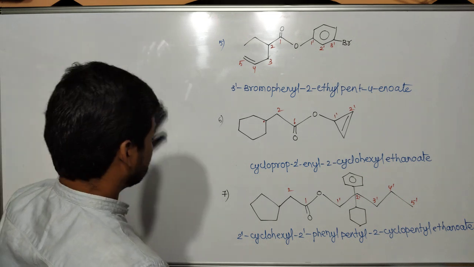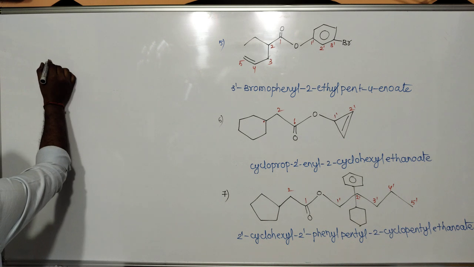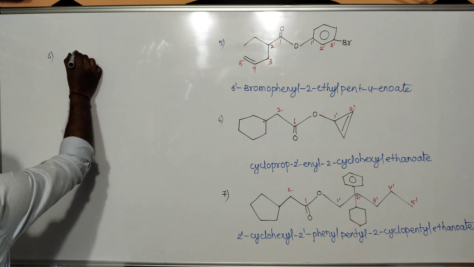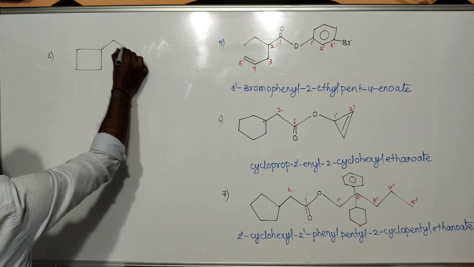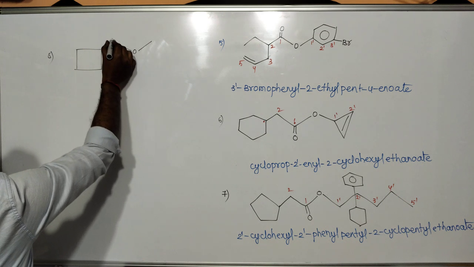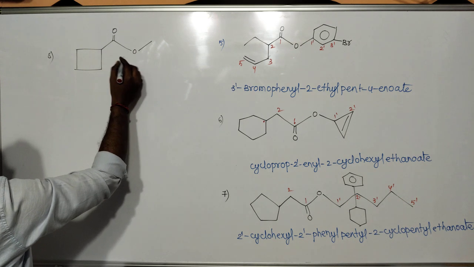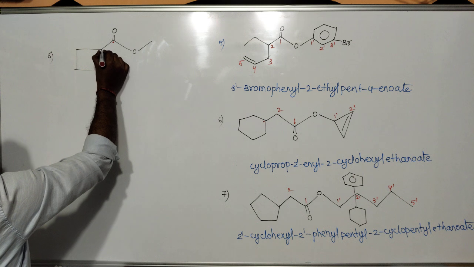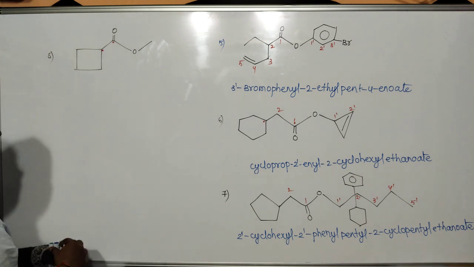Two more examples. For this one, selecting the parent chain is not appropriate because the functional group carbon is directly attached to the ring.